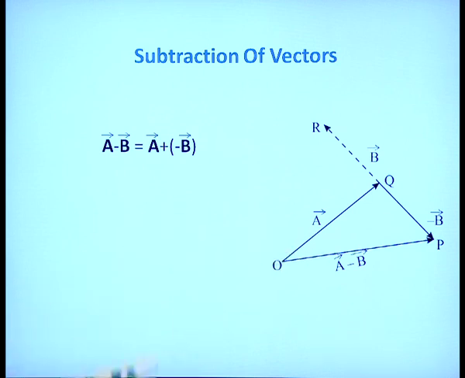According to triangle law, OQ and QP represent the two sides of a triangle OQP. Hence, the third side, that is OP, taken in opposite order will give the resultant A minus B or A plus minus B. This is how you can subtract two vectors.